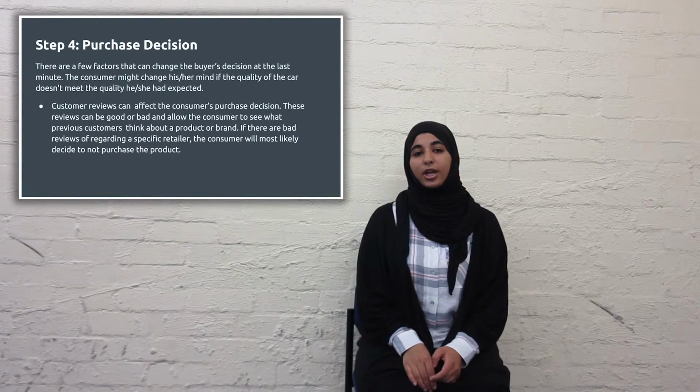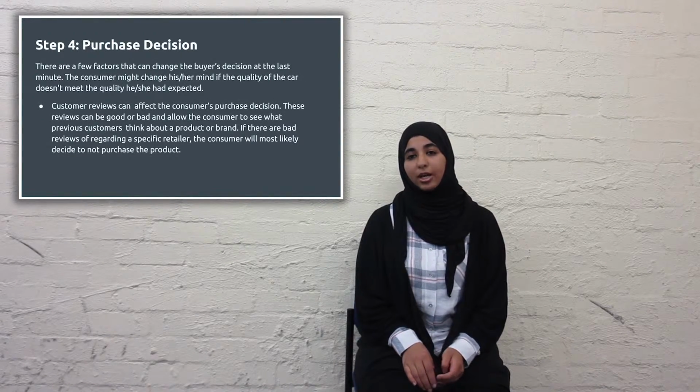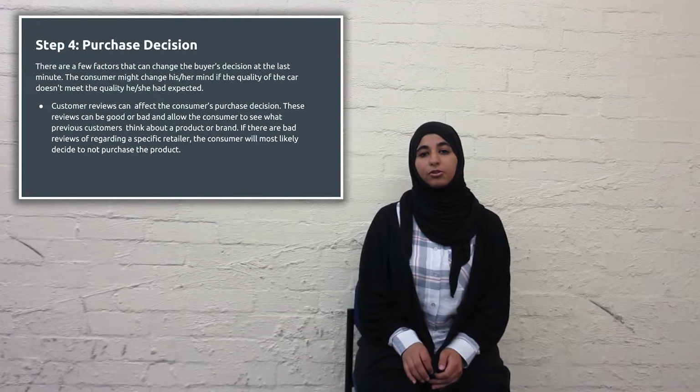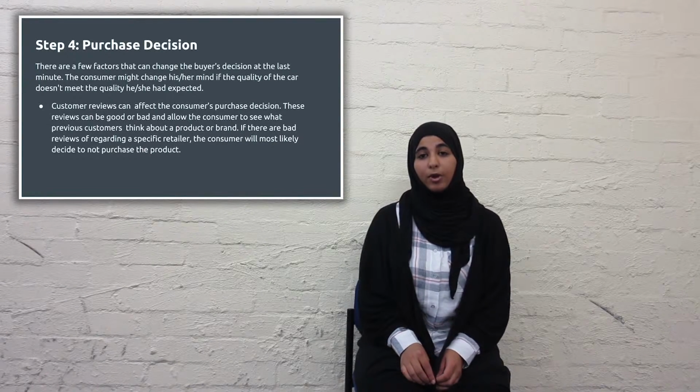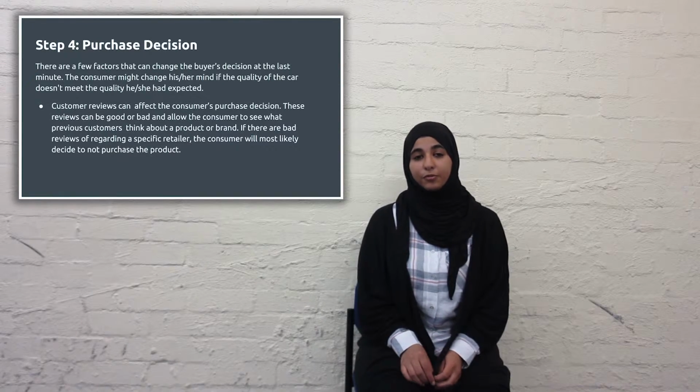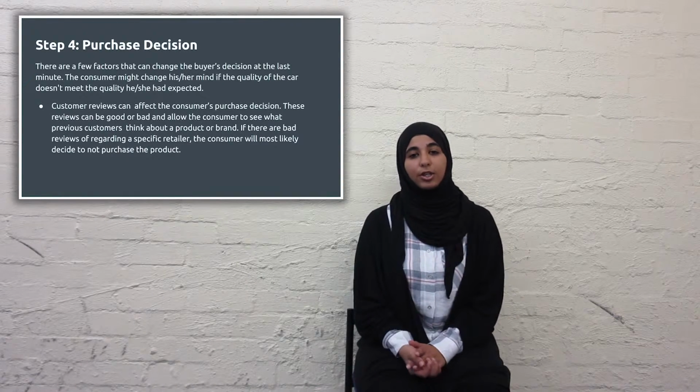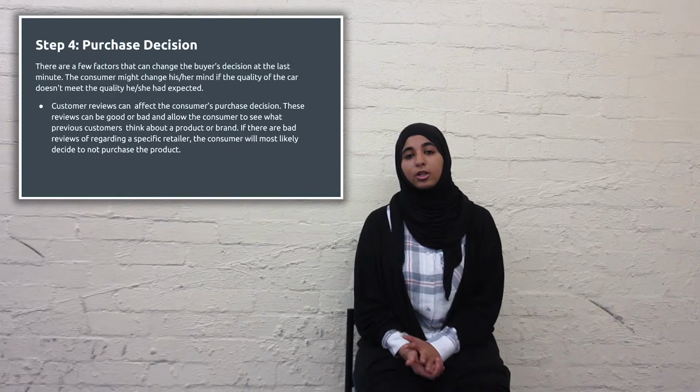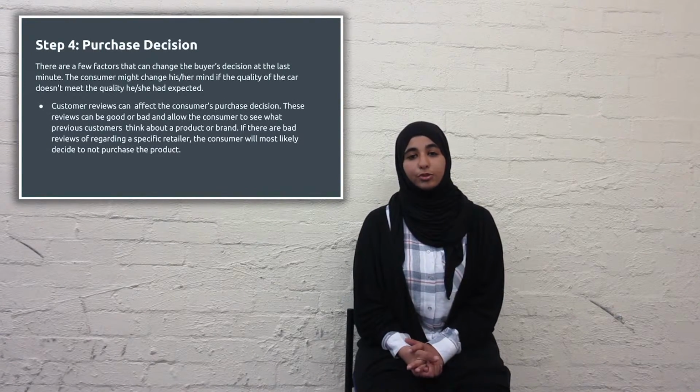So the consumer can change his or her mind based on those 5 factors, and three of those factors are related to each other: product quality, customer treatment, and customer reviews.